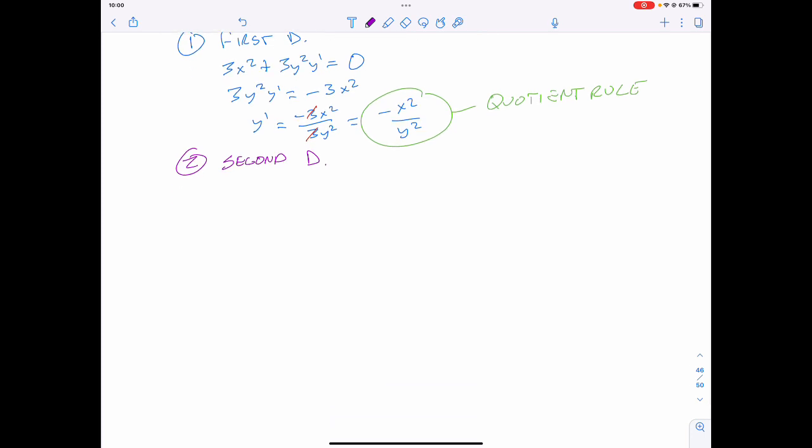So we're going to say that at the second level, I'm going to have my low, which is y squared, times the derivative of the high, negative 2x, minus the high, negative x squared, times the derivative of the low, which is going to be the derivative of y squared, we know is 2y times y prime.